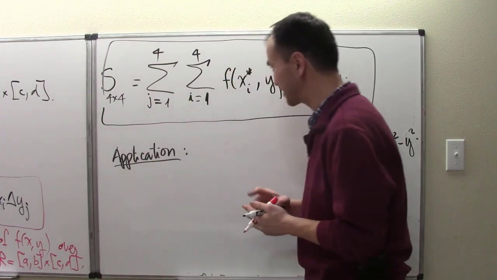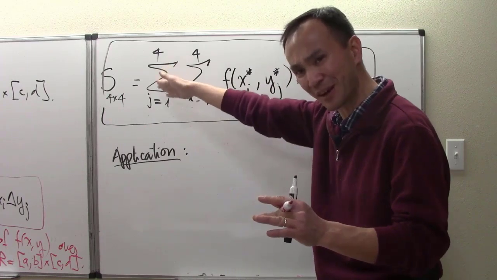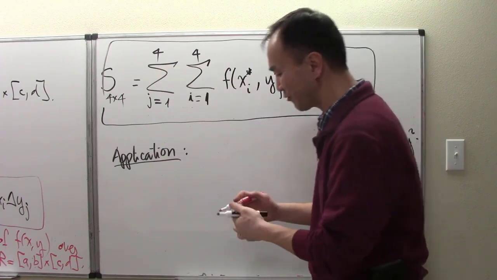Truthfully, as an application, what's good about coming up with a double Riemann sum?